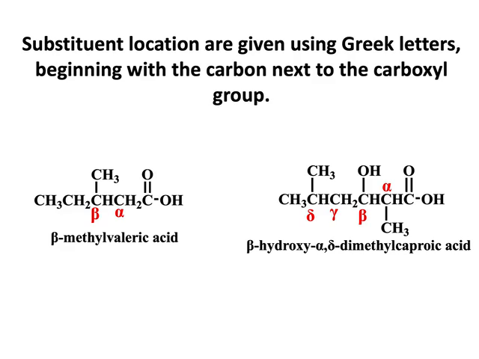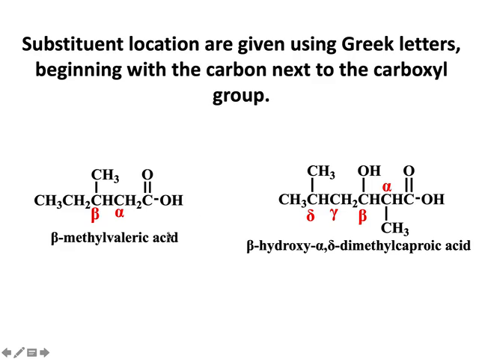So for carboxylic acid, in this structure example, C double bond O OH, we always designate it as C1, followed by C2 and C3. It is the same with the Greek letters, where the start of the Greek letters must be the nearest to the C double bond O OH.